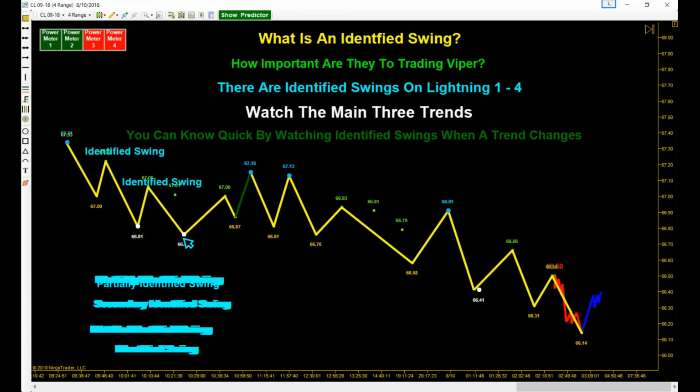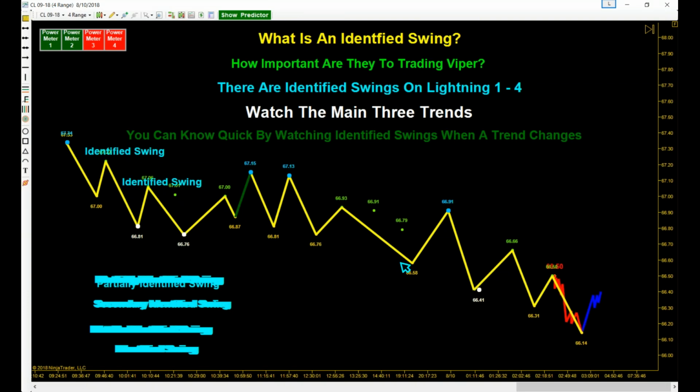Now, on the other side, if you look at a low, a high, a higher low, and a higher high, that is truly an identified swing on the right. But it is not an identified swing on the left side, as far as the second one, when you barely take out these lows.